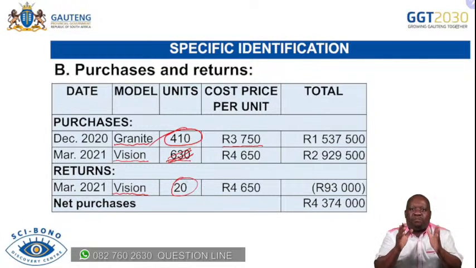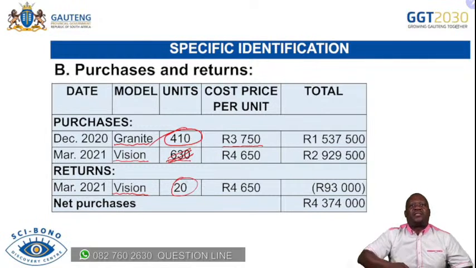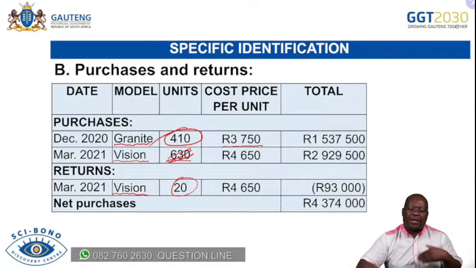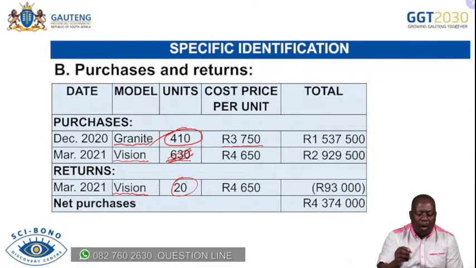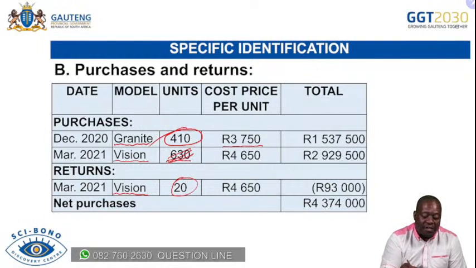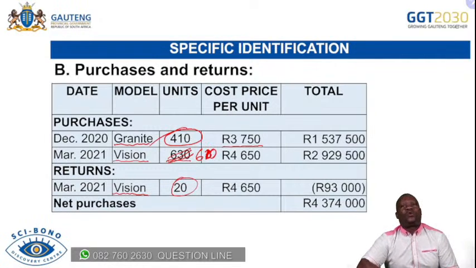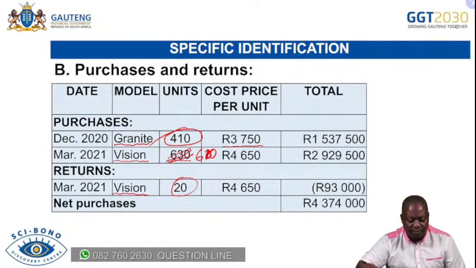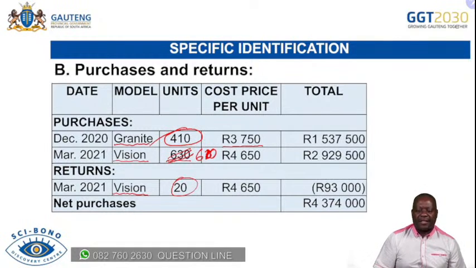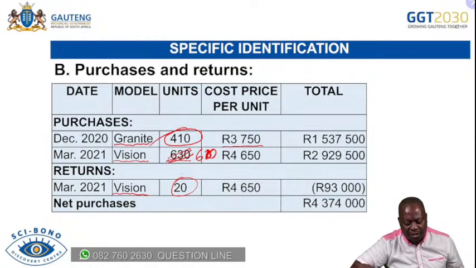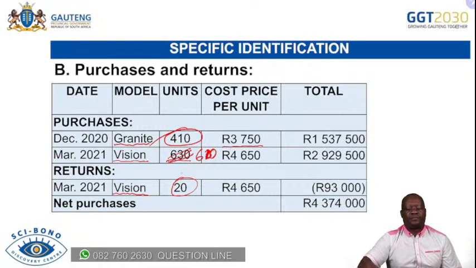Because they are specifically Vision laptops that are being returned to the supplier. So what does that mean? It means of this batch, we are only left with 610 units. Please pardon me on that. 610 units are left because we are subtracting 20 from this 630.